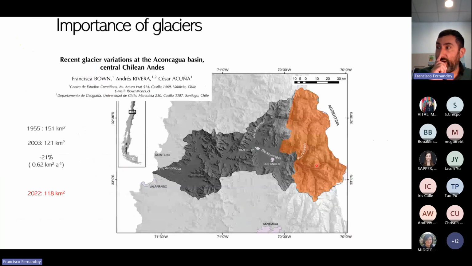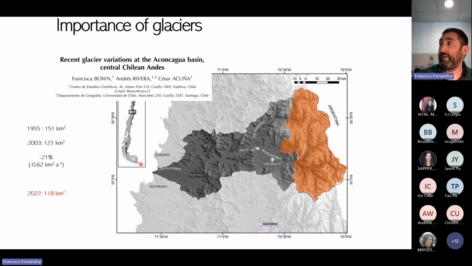So now I want to focus on one of the most important basins in the central part of Chile. That is Valparaiso, where actually I'm located now. And we are supplied with water by this big basin called the Aconcagua Basin, which covers from the border with Argentina to the Pacific Ocean to the west.